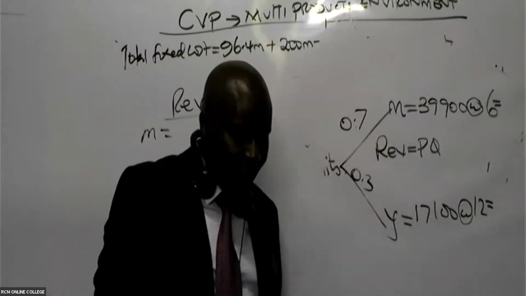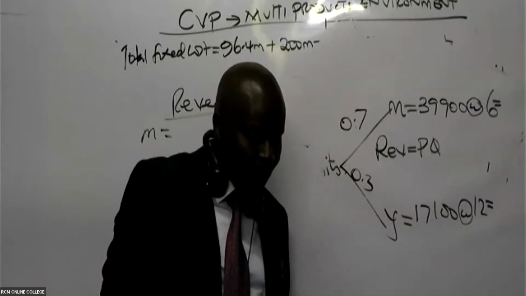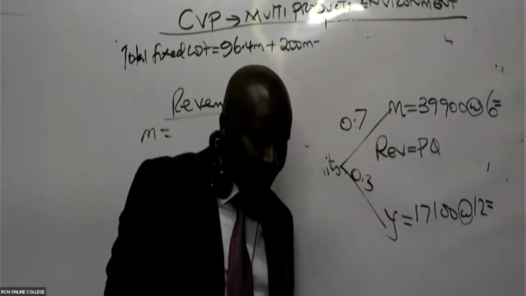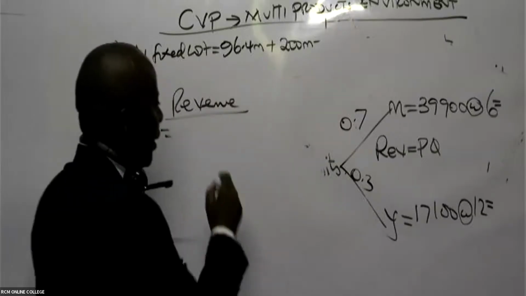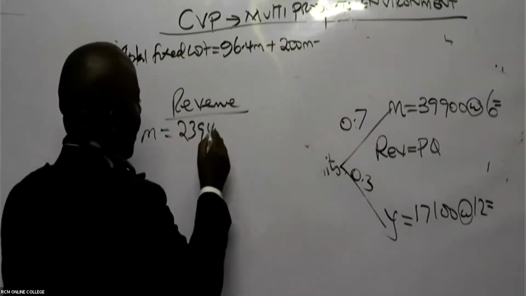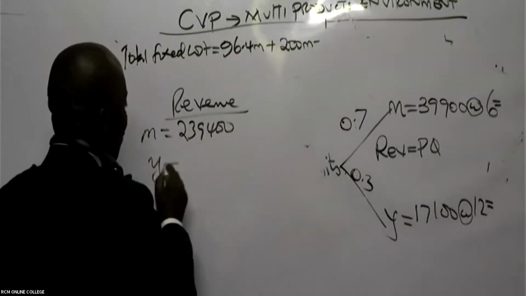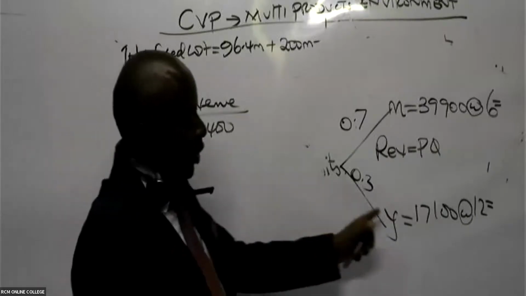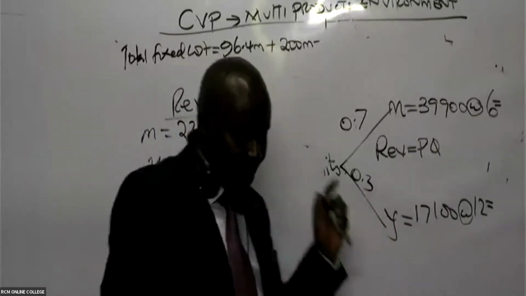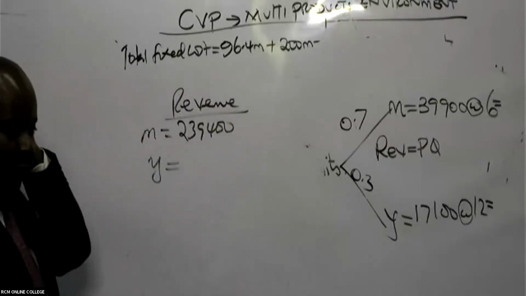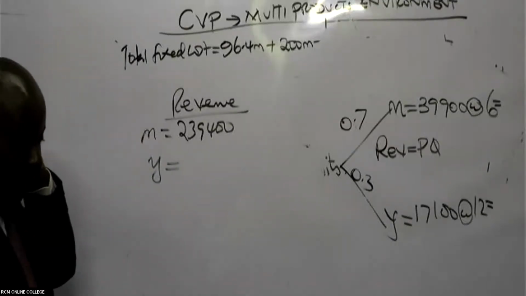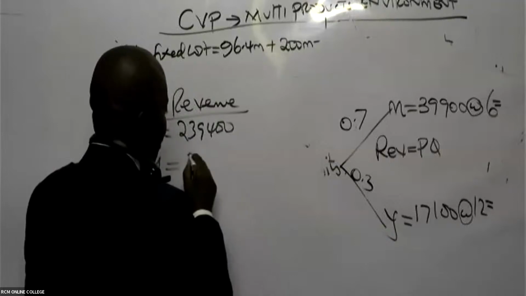How much are we getting? 239,400. Thank you so much. How about Y? Y is 17,100 times 12. How much are we getting? 205,200. Thank you so much.